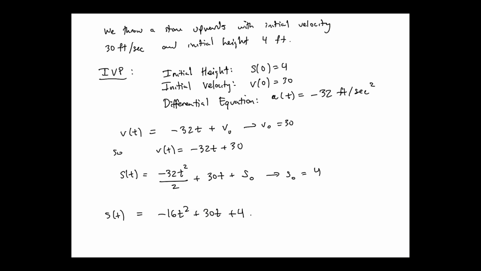Okay, over 2, not over 2t. What function has negative 32t as its derivative? Well, if I did 32t squared, what would the derivative of that be? 2 times 32t. Right, and so that's why I put the 1/2 out front to cancel with that extra 2.